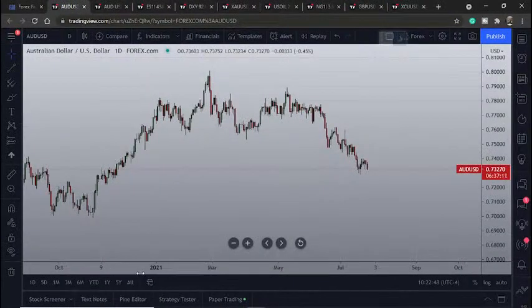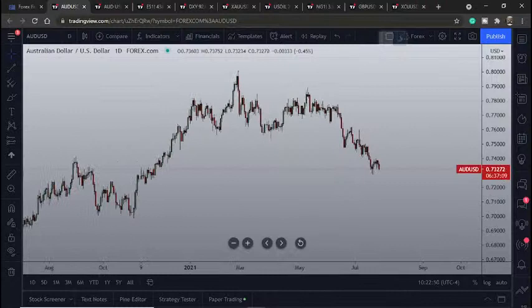Okay. Here we have the AUD USD. I just want to see if on my other screen I have a chart that I've pulled up before. Can't really find it now. Just bear with me, Carolyn.